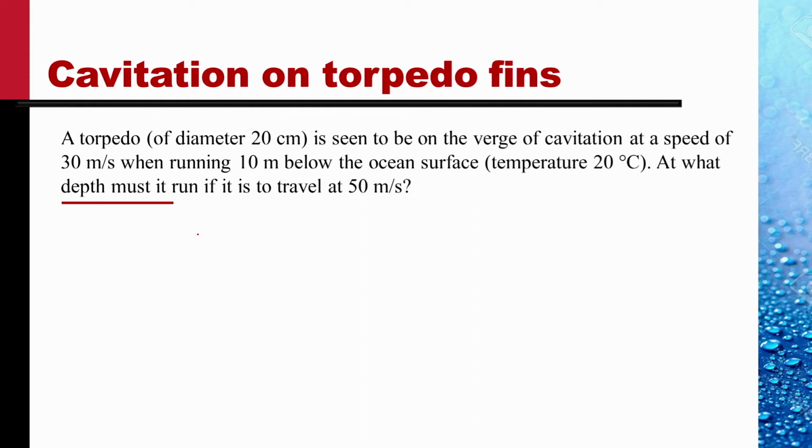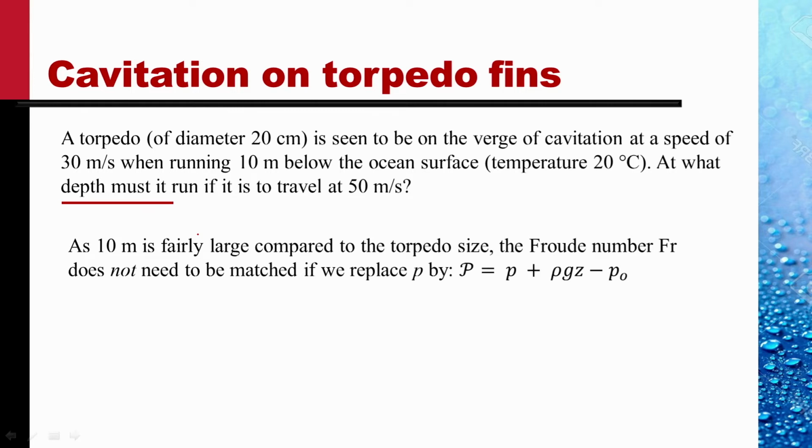And since the cavitation pressure is the same, as the temperature is 20 degrees Celsius, then it means the ambient pressure must be larger. And that would mean that the torpedo, if it is to avoid cavitation, must run much deeper than 10 meters below the ocean surface. Let's determine that.